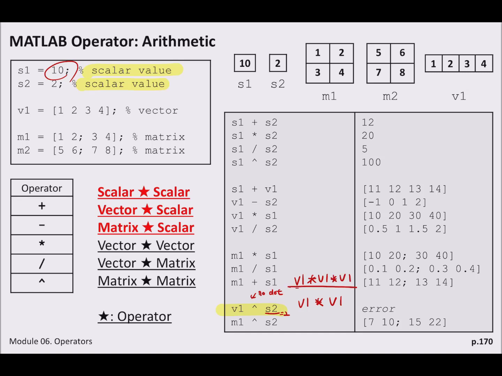So is this operation working? No. Why? The inner dimensions are not matched. V1 is 1 by 4. Can you do a matrix multiplication of 1 by 4 with 1 by 4? No, because the inner dimensions are not matched. So basically this one is the matrix power.